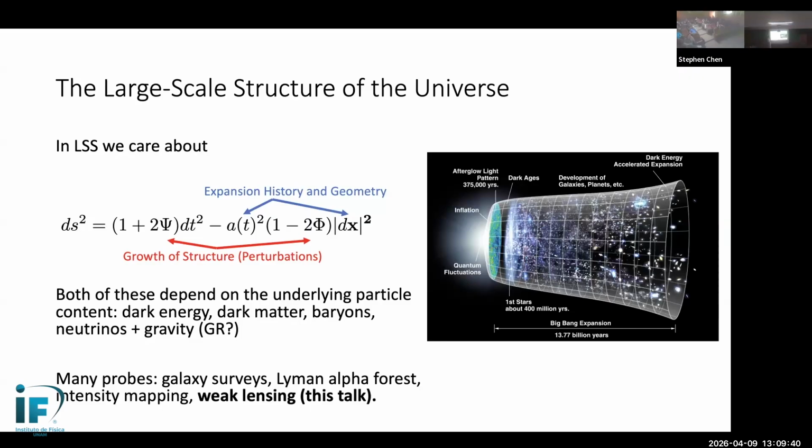And what we care about can be described simply in general relativity by, for example, this metric, where we really want to study the evolution over time and the spatial structure of the gravitational potentials, the Newtonian and the spatial potentials, and also the expansion history through the global growth factor a(t). And both of these really depend on the underlying particle content of the universe. For example, dark energy, as I showed in the earlier plot, but also the behavior of dark matter, of baryons, neutrinos, and even, of course, the underlying nature of gravity.